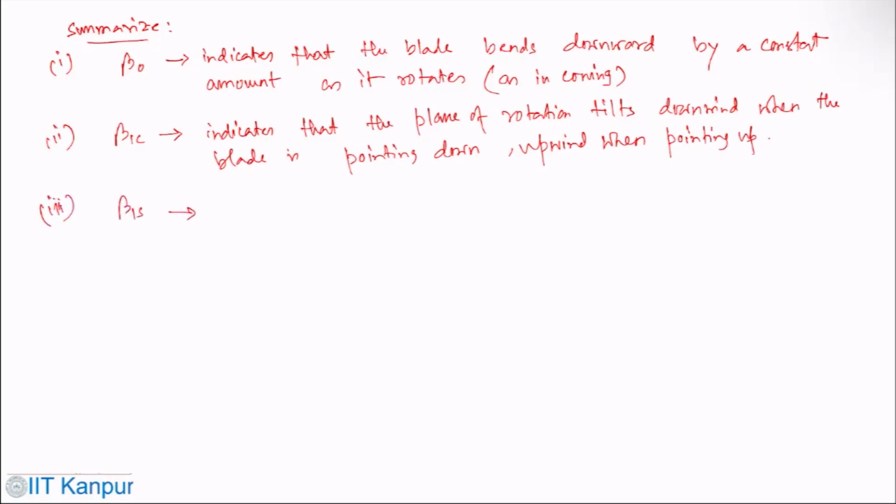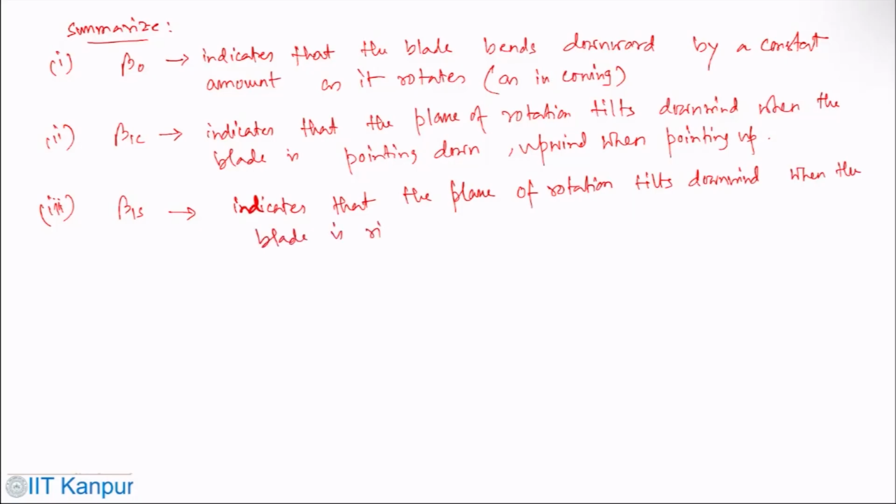And beta 1s indicates that the plane of rotation tilts downwind when the blade is rising, upwind when descending. Okay.